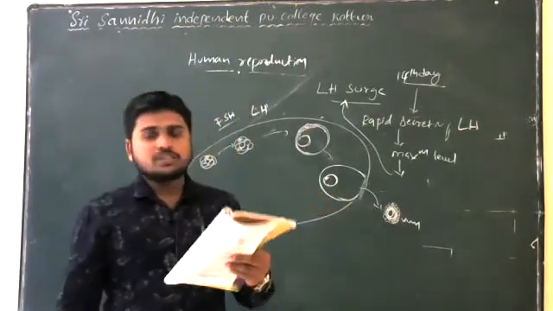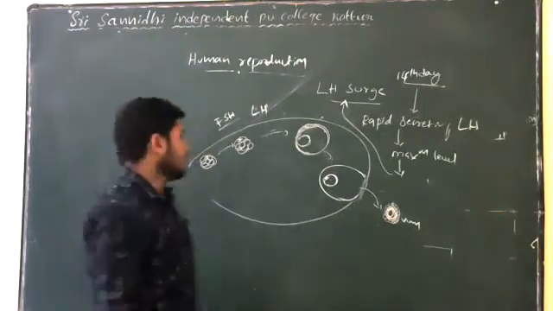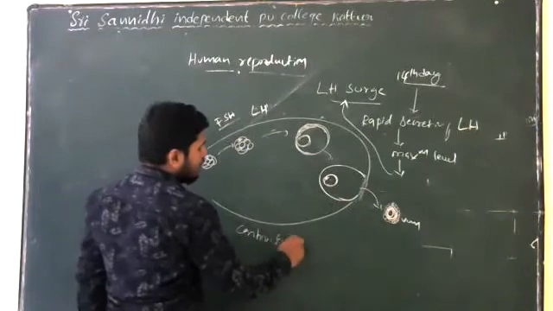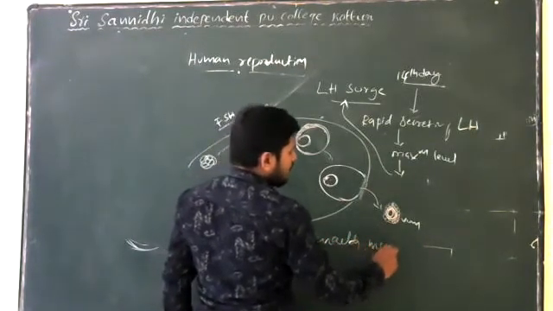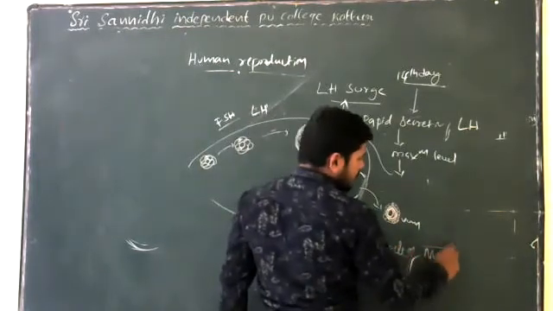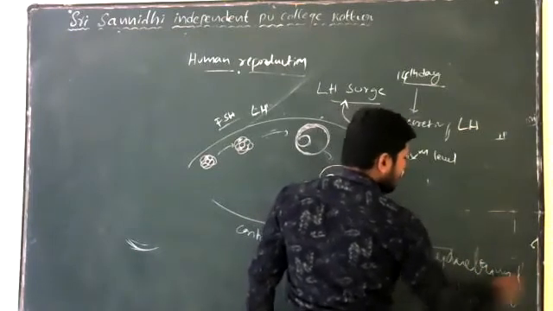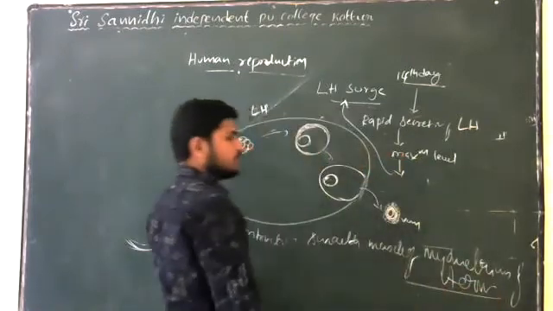You know, oxytocin hormone from the pituitary plays an important role in the contraction of smooth muscles of the myometrium of the uterus. Remember, the uterus layer myometrium, because it is made up of smooth muscles.